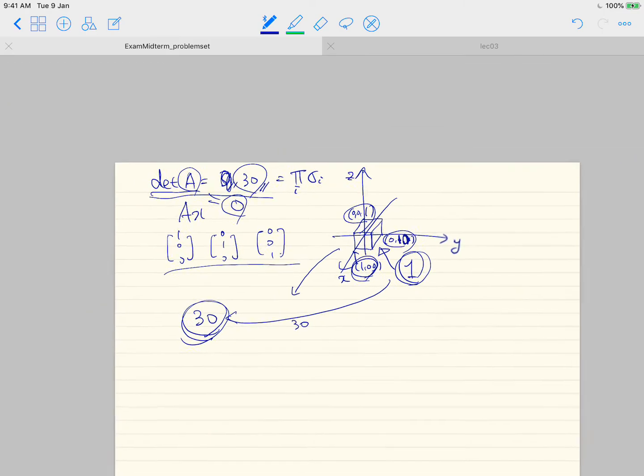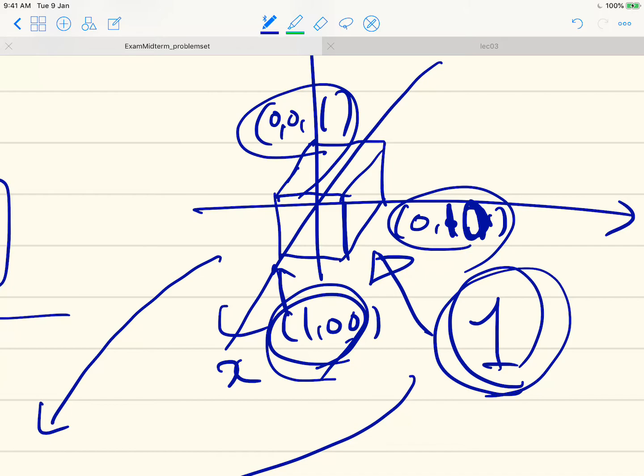So if we start from the unit cube, we can also think of the unit sphere that has its center at the origin.